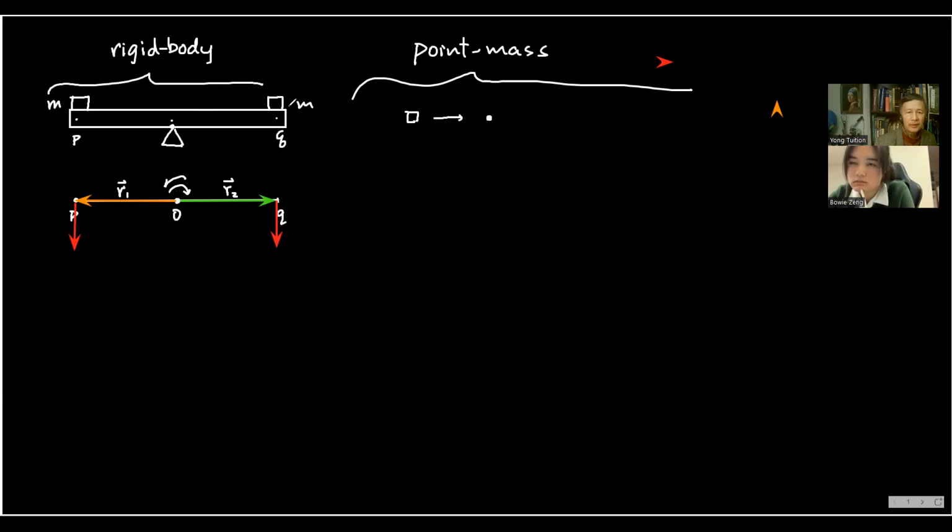So if you consider the point mass here, let's just draw a diagram. The forces acting on these two objects are gravity and also the normal force. I'm talking about the two objects.